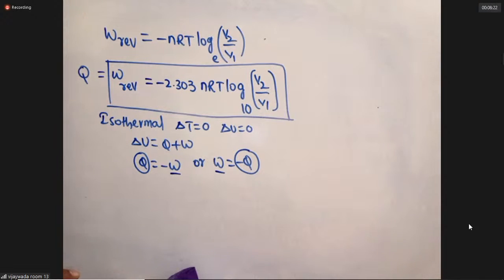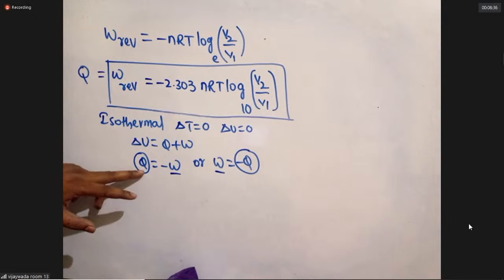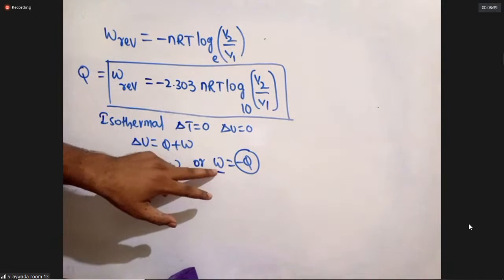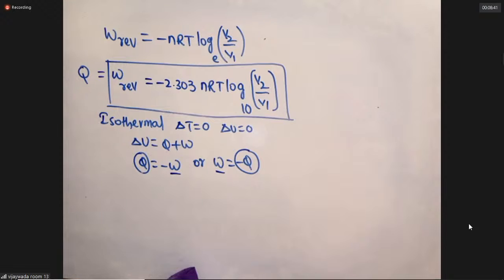Same equation, but you can use it for two different quantities. One is work done. Students, we calculated work done in a reversible process. This is the equation. But we know that in an isothermal process Q equals minus W, W equals minus Q. So if you get a question like what is the heat in an isothermal reversible expansion or compression of an ideal gas, then you can find work done.